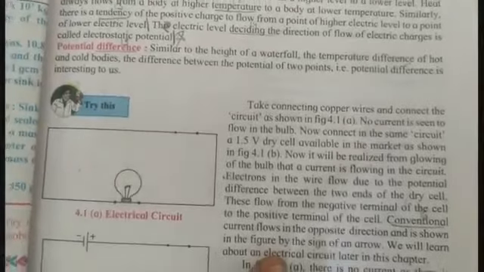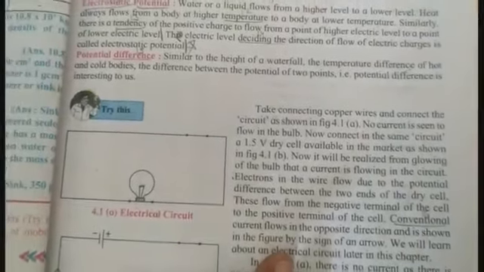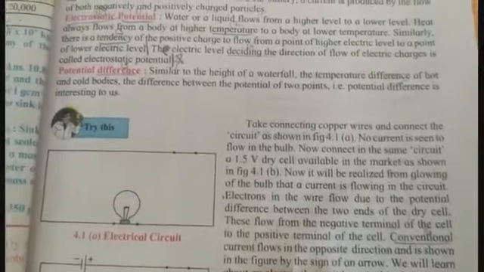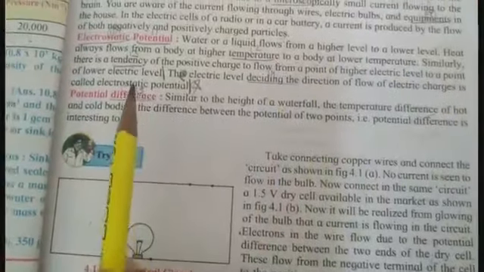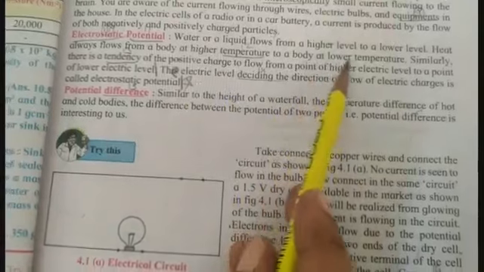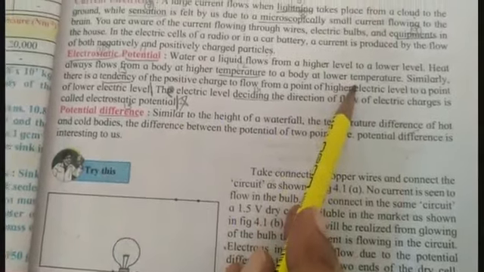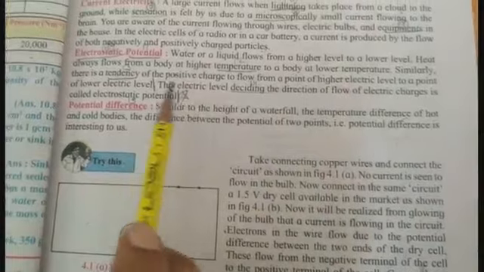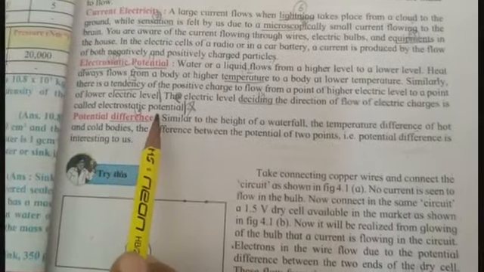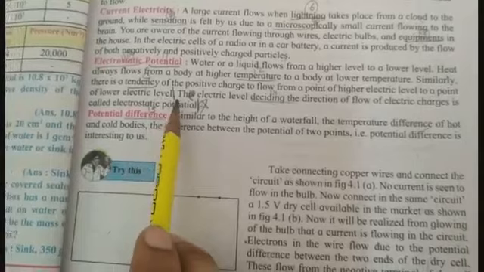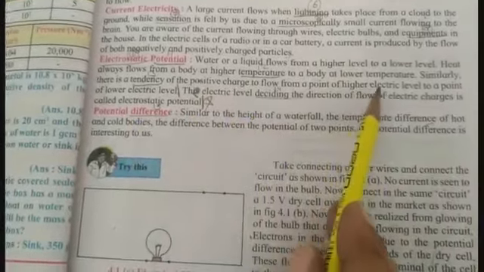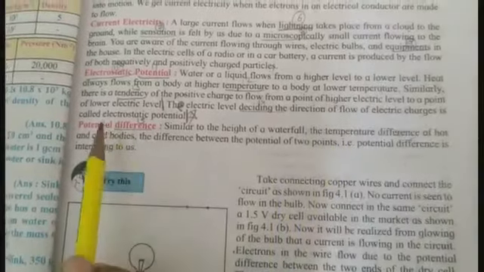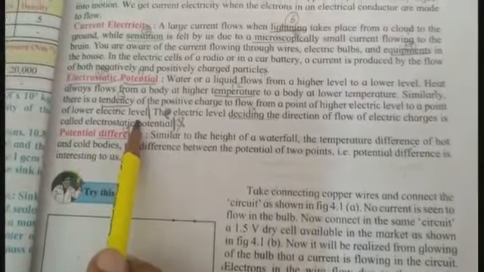We all have seen that any liquid flows from a higher level to lower level. Same way, if we take two objects, the heat flows from a hot body to a body with low temperature. Same is the case with this electricity. What we observe is that there is a tendency of positively charged to flow from higher electric level to the lower electric level.